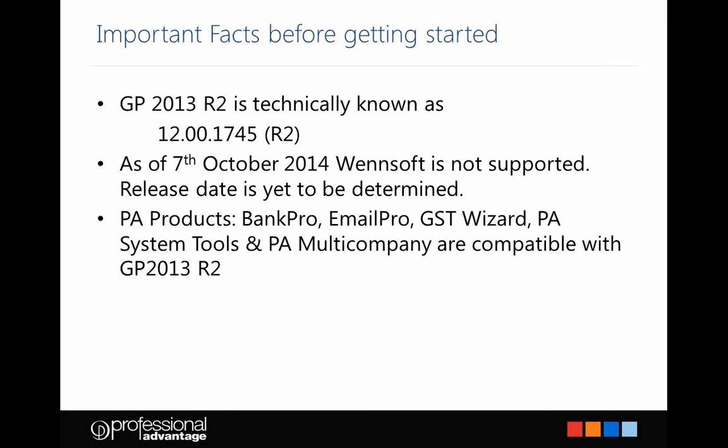So if you do wish to upgrade to 2013 R2 and you are using WenSoft, you won't be able to do it as yet. The PA products that I was referring to earlier are compatible, they've been tested, so if you do upgrade and you are using any of the third-party products, the PA products that are listed, you will be able to use those as normal.